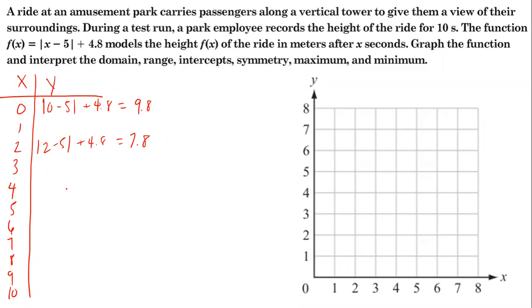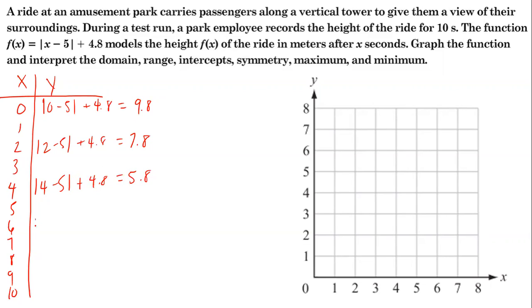Obviously, I'm counting my 2s. I don't know if y'all caught on to that. 4 minus 5 plus 4 and 8/10. 4 minus 5 is -1. Absolute value of -1 is 1. 1 plus 4.8 is 5 and 8/10.